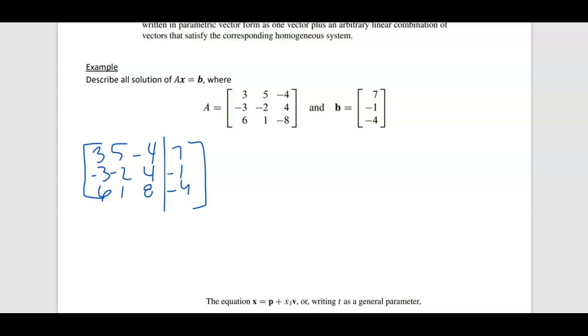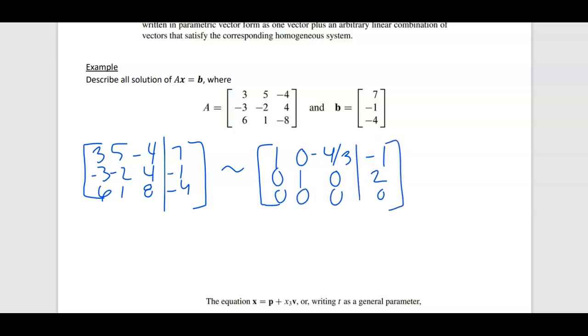All right, and then when we get down to it, you get 1, 0, negative 4/3, negative 1, 0, 1, 0, 2, and then all zeros. Because the row operations aren't going to change your A matrix, but they will change what we're equal to here.